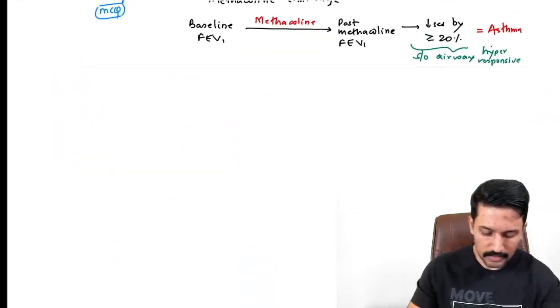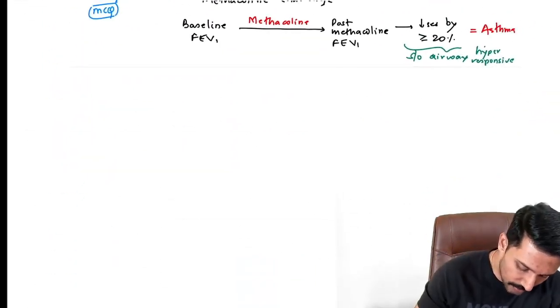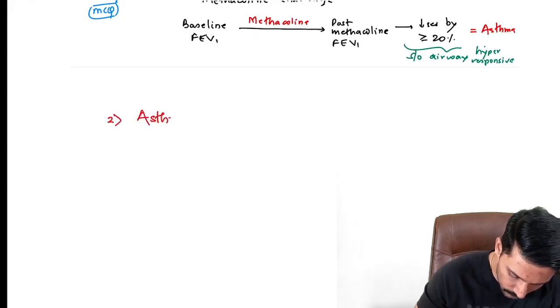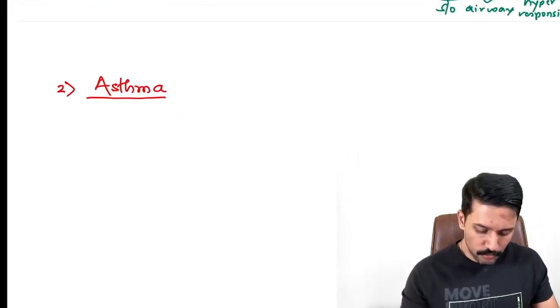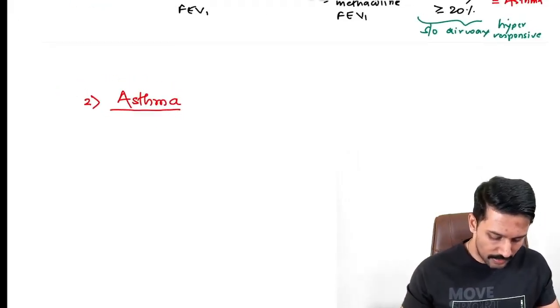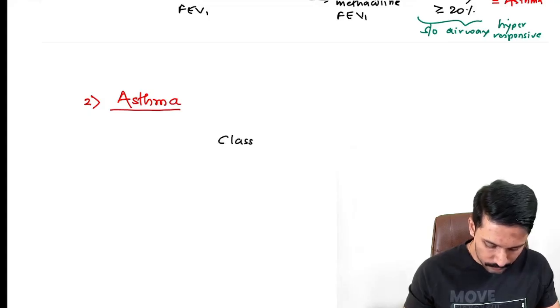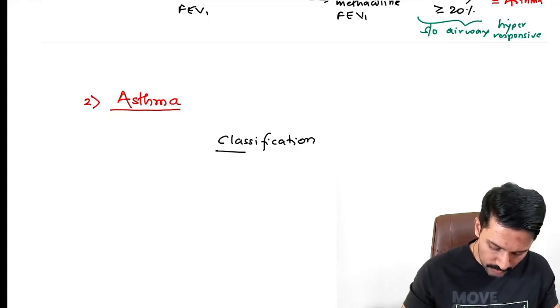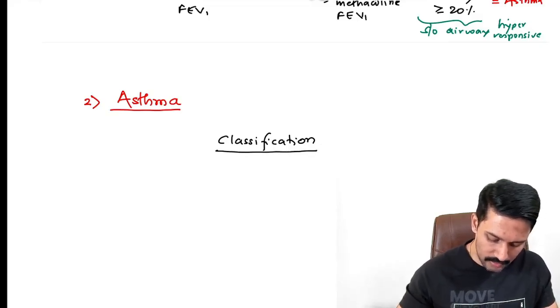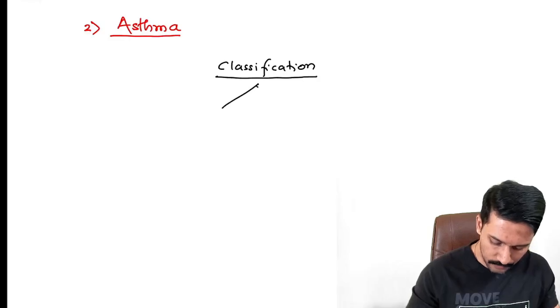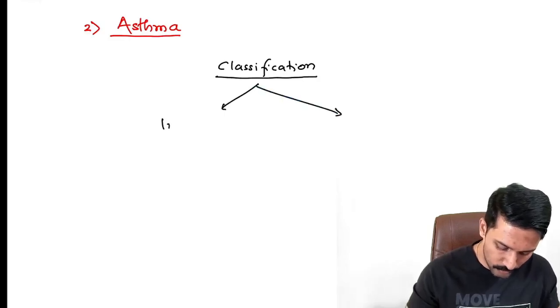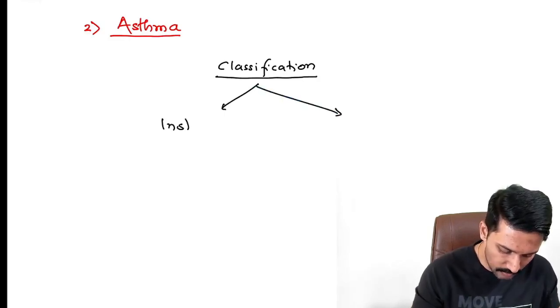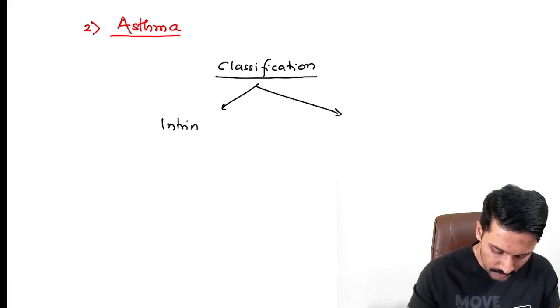Okay, now we will start with the first major disease, that is going to be asthma. Key points to remember about asthma: we have different classifications of asthma. The first classification is based on intrinsic versus extrinsic, based on where the trigger is.